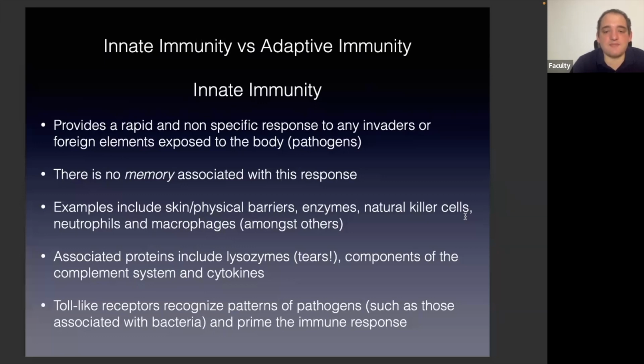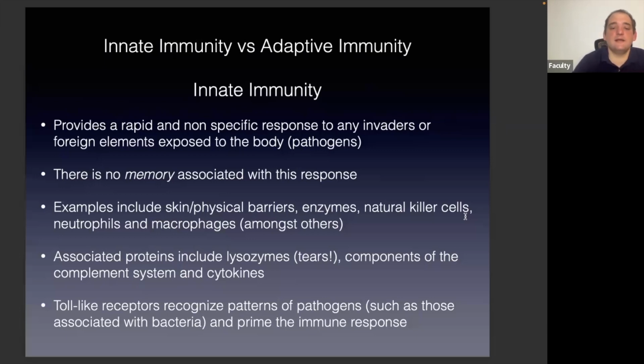The toll-like receptors recognize different patterns of pathogens, such as those associated with bacteria, and prime the immune response. If we look at a type of bacteria, we categorize it as gram negative or gram positive. There are different proteins associated with each, and these toll-like receptors will recognize elements of that bacteria to then initiate an immune process.